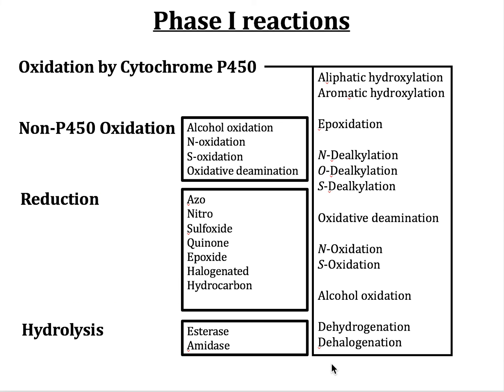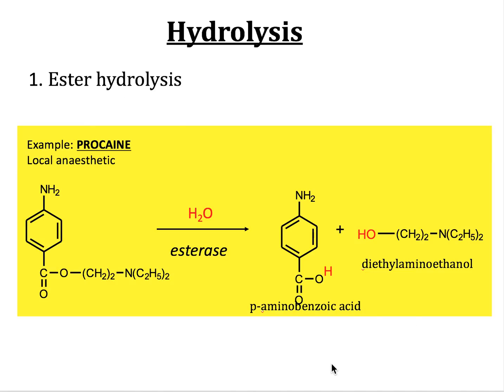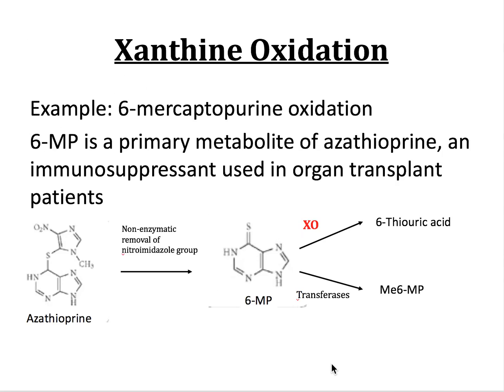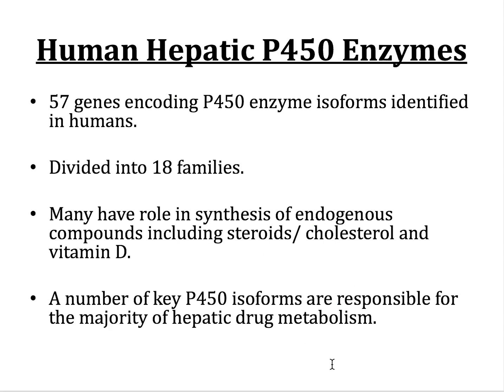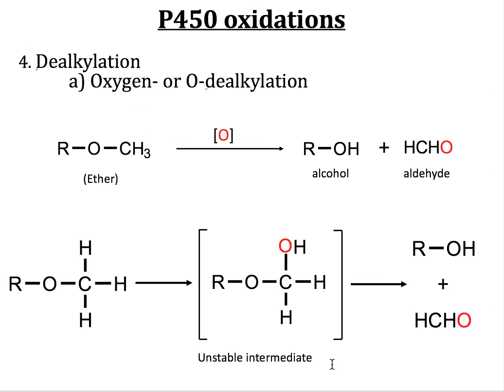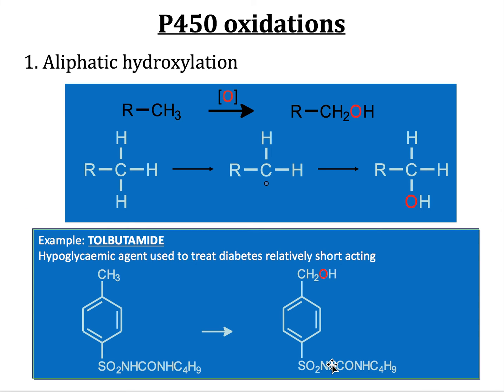Now, we're done with hydrolysis, and we're practically done with all of phase 1 reactions. So let's go over everything from the start of phase 1 very quickly. We start off with P450 associated oxidation.